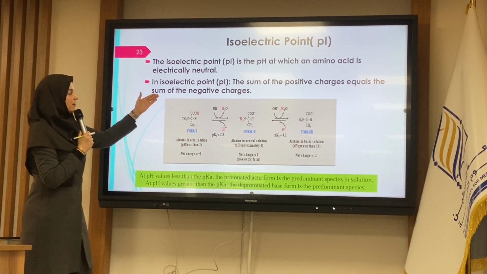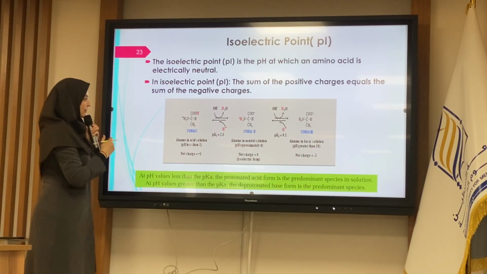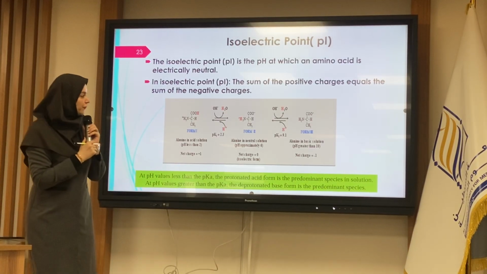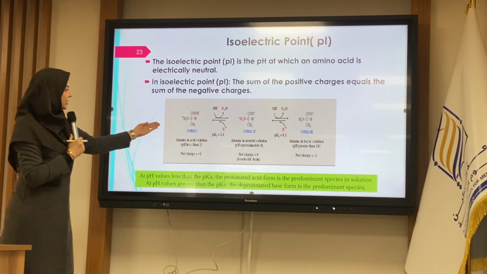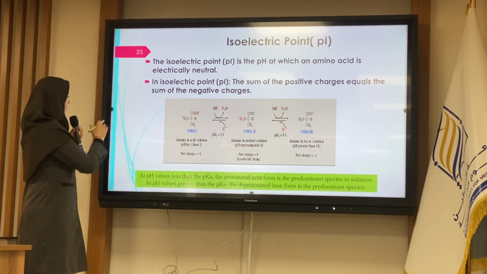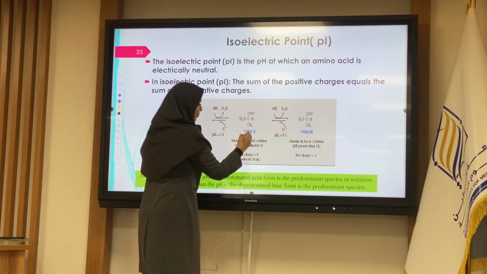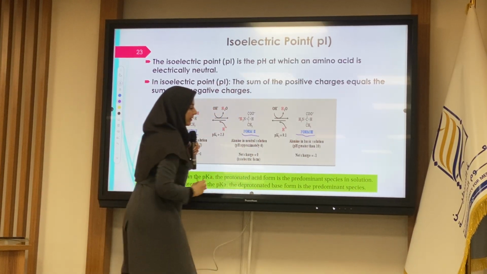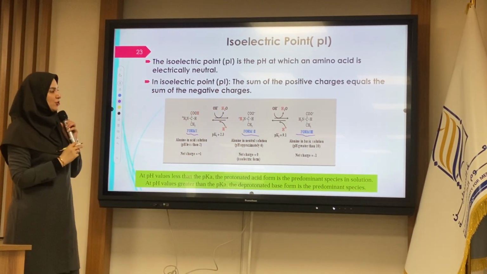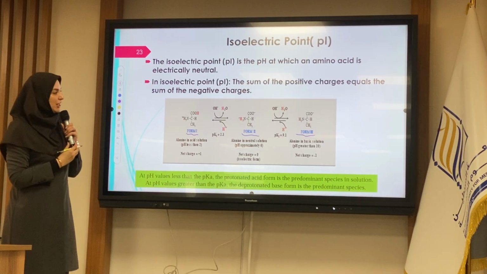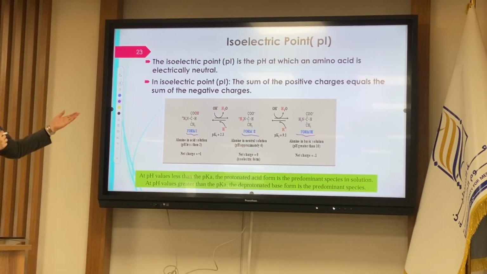As I mentioned here, these are different forms of alanine, forms 1, 2, and 3. According to the definition, which form of the amino acid alanine is considered an isoelectric form or Zwitter ion? Form 2, excellent. Why?